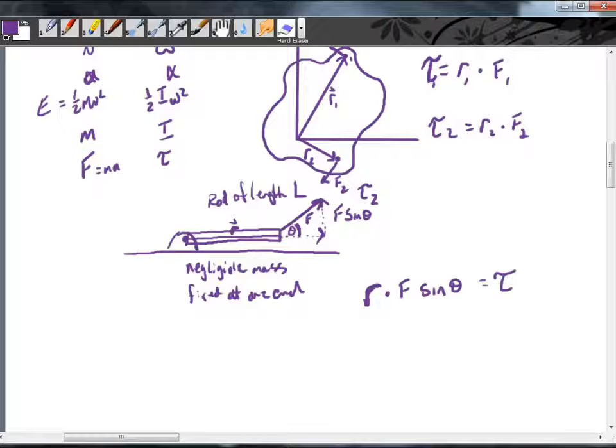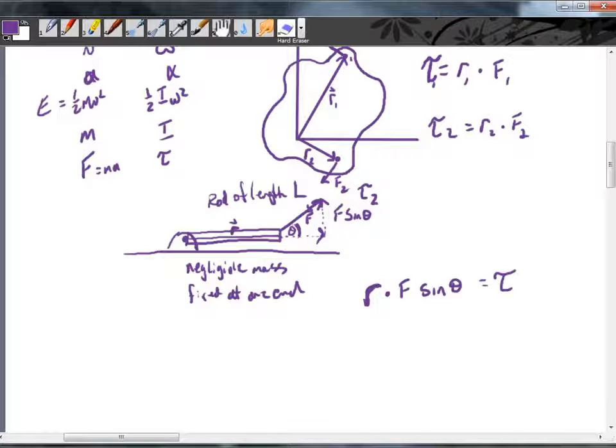Now, we mentioned the other day, we kind of blew past it, but this product, R times F, because this is also a vector, we have to have a way of multiplying these and still winding up with a direction, because the force can go in one direction or the other, and we're still multiplying them, but we need to indicate that there's still a direction to what's going on here.